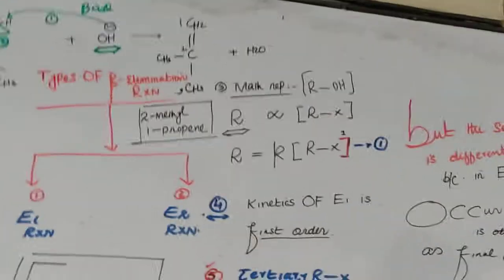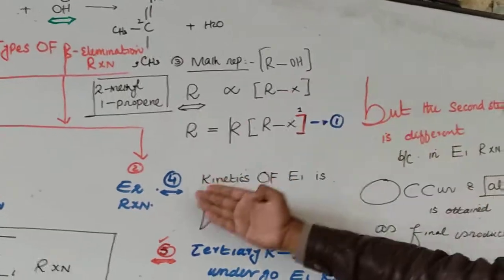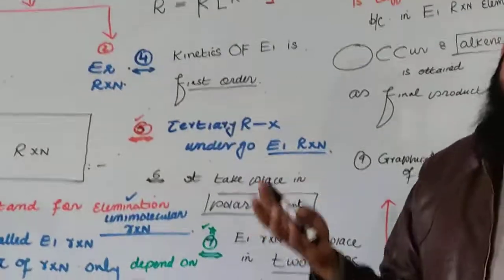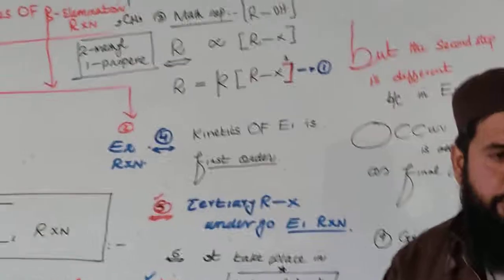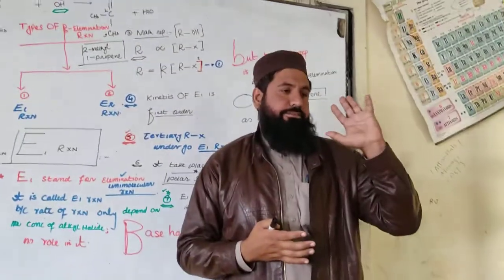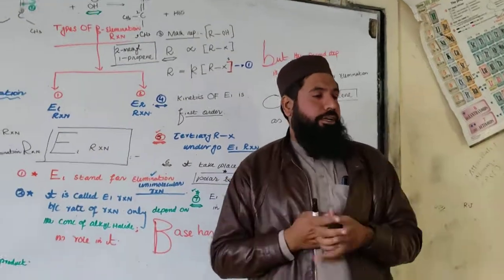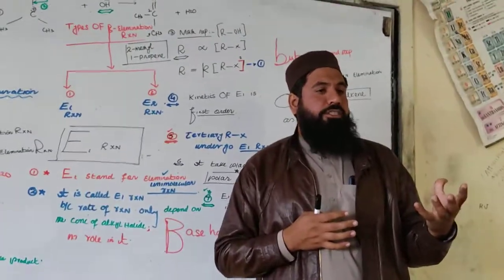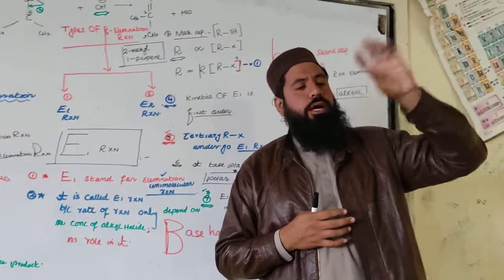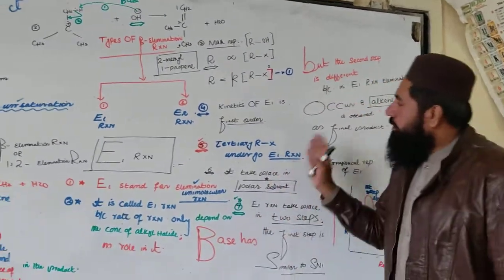So the rate depends upon only one species, which is why they are called unimolecular. They follow first order kinetics. All the E1 reactions are of first order.